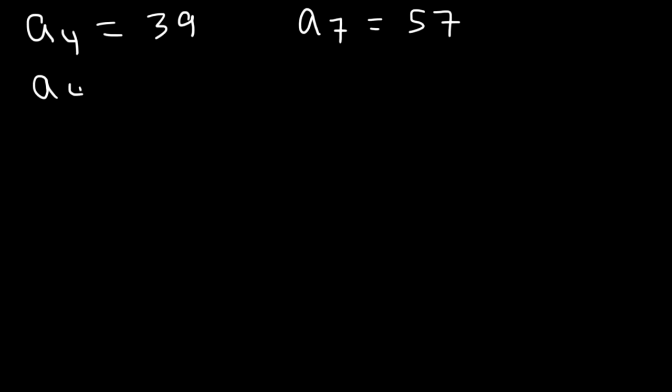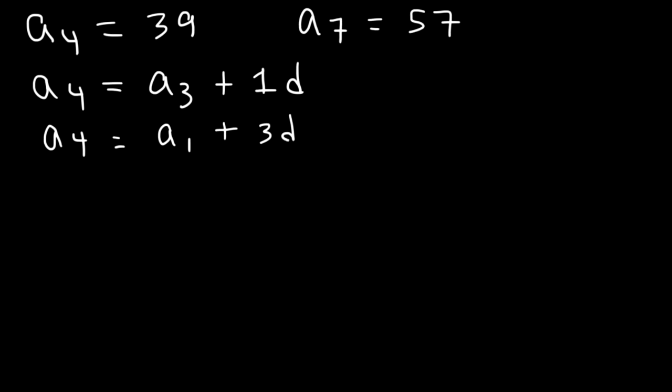Now, in the previous lesson, we said that the fourth term and the third term differ by one common difference. So the fourth term and the first term differ by 3 common differences, because 4 minus 1 is 3. The seventh term and the fourth term also differ by 3 common differences, since 7 minus 4 is 3.